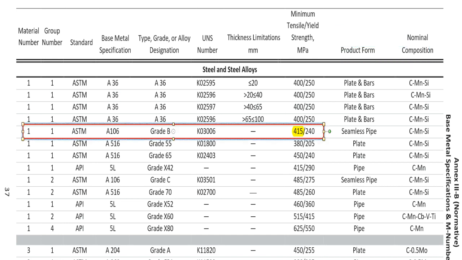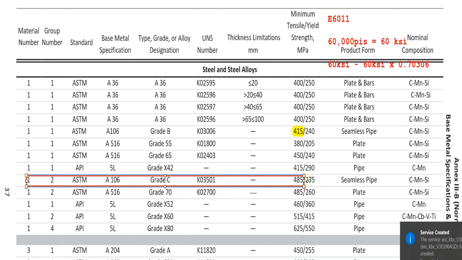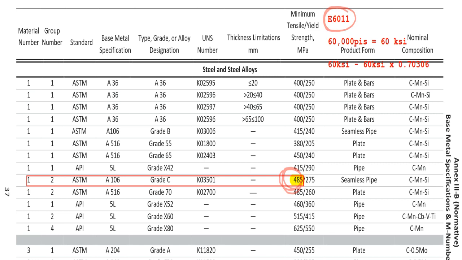Let's say not ASTM grade B, just select grade C. Then the minimum tensile strength of the ASTM A106 grade C is 485. Definitely this minimum tensile strength is greater than this electrode tensile strength, 60 KSI.